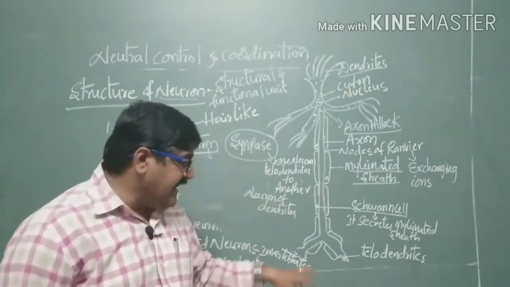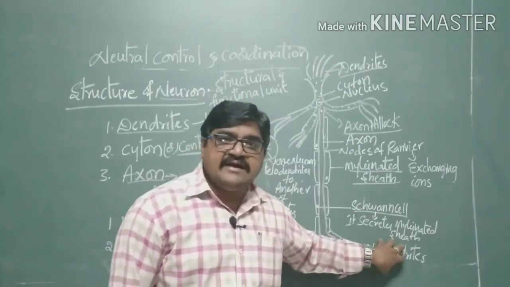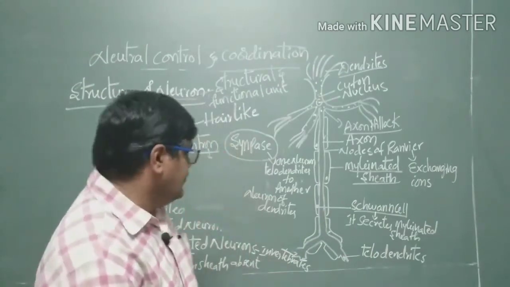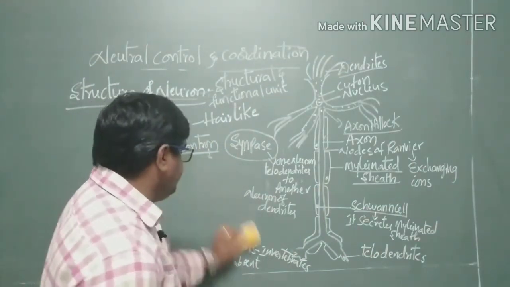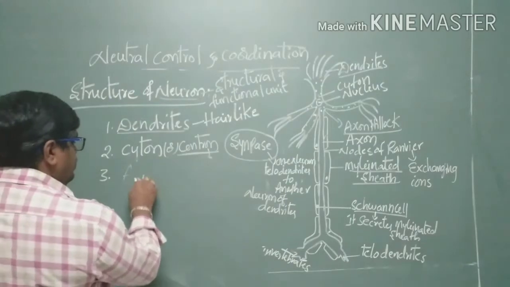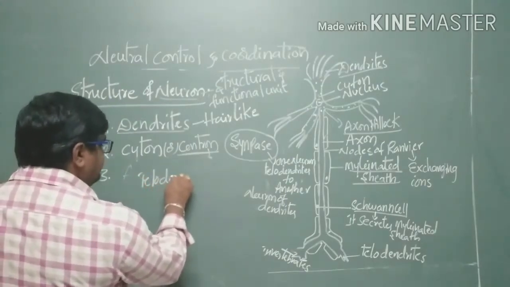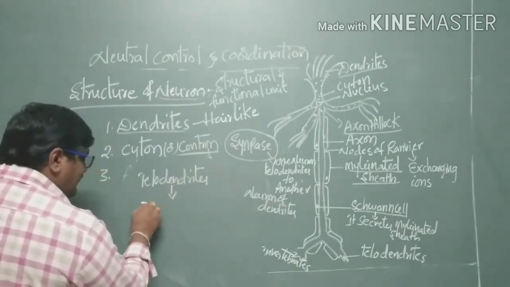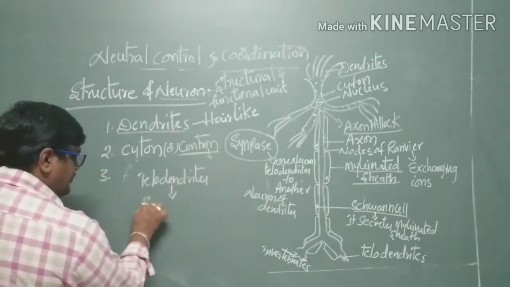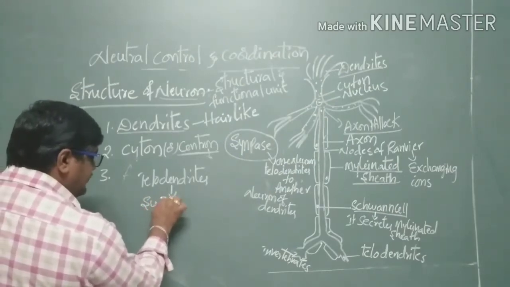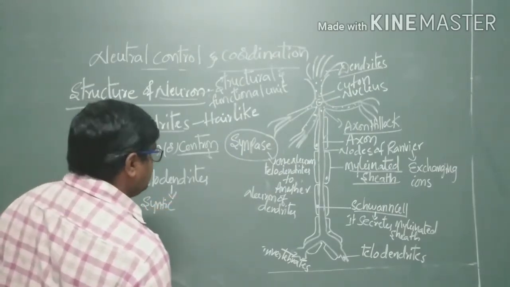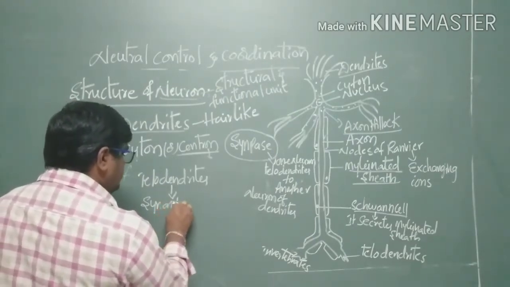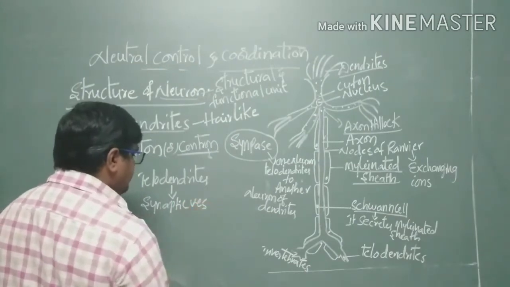So here the telodendrites have synaptic knobs present. These telodendrites consist of synaptic knobs.